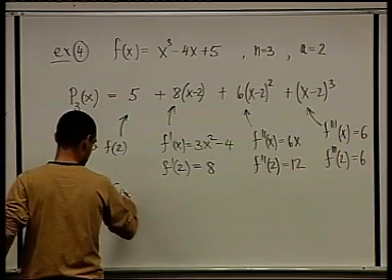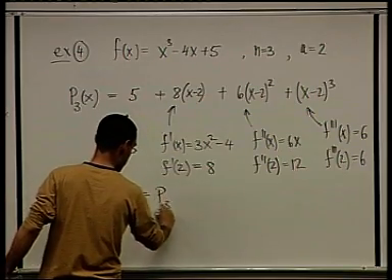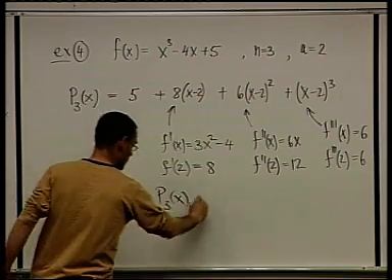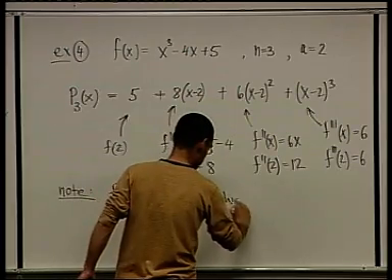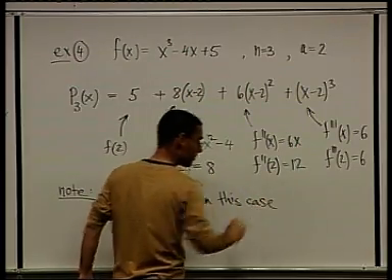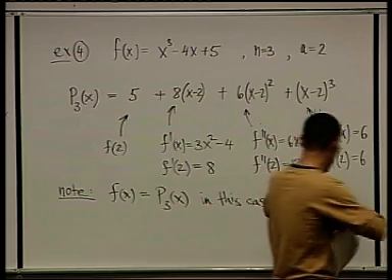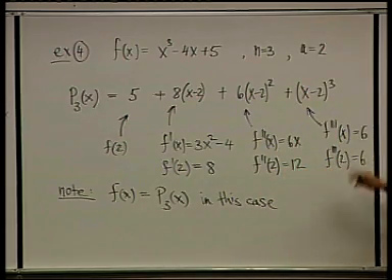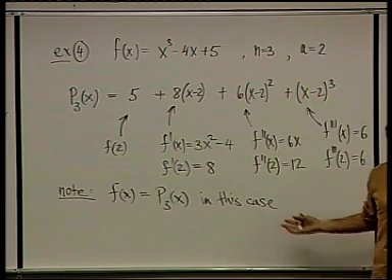F of x is precisely P3 of x in this case. If you went to higher degrees, the derivative would be 0. You'd get nothing. Okay, so you can't approximate this any better.